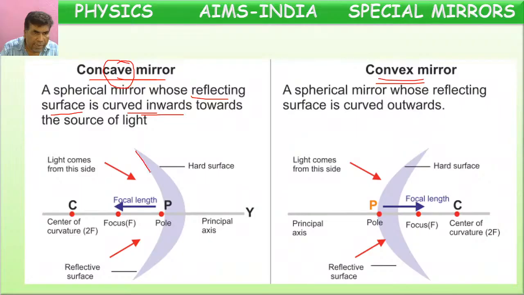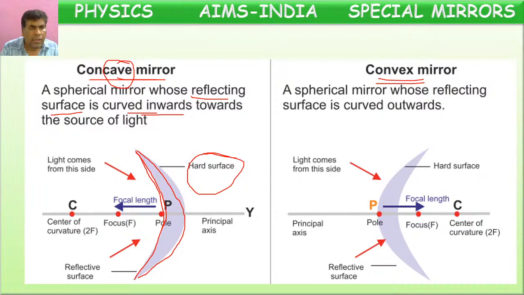This red color I am drawing now, this curved inwards part, acts like the reflecting surface. What about the other part? The other part will be coated with silver nitrate. It acts like a hard surface. From there, reflection will not take place.